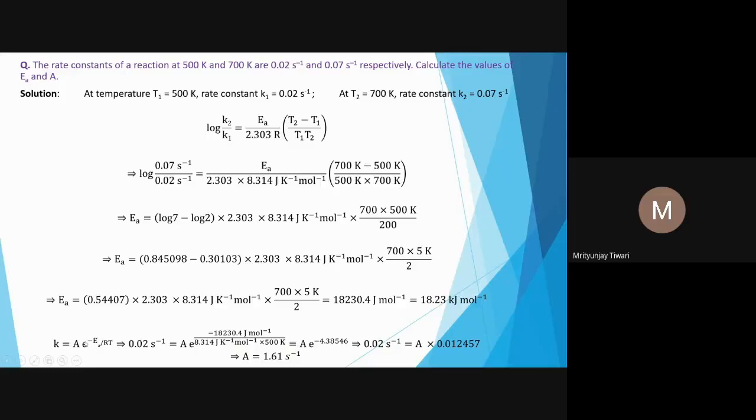So at 500 Kelvin, the rate constant I have taken, 0.02 per second, is equal to pre-exponential factor A into e to the power minus activation energy. Activation energy given value minus 18,230.4 joule per mole, divided by the value of R 8.314 joule per Kelvin per mole into 500 Kelvin.